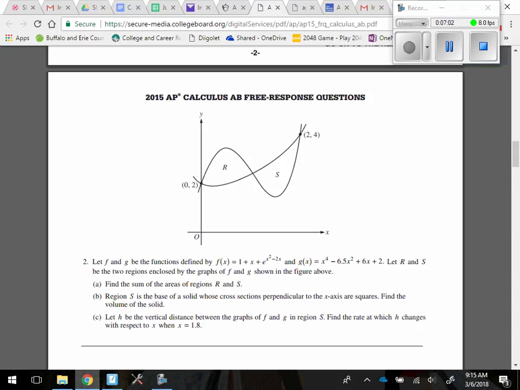Let R and S be the two regions enclosed by the graphs of f and g as shown in the figure above, and find the sum of the areas of regions R and S.